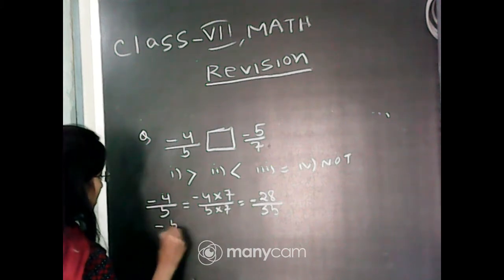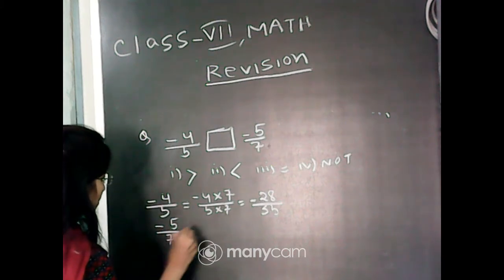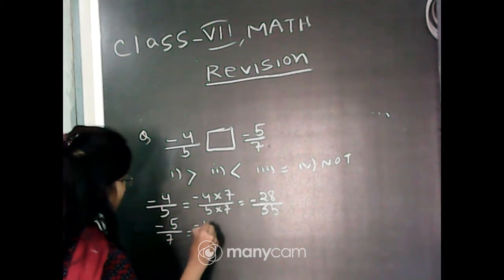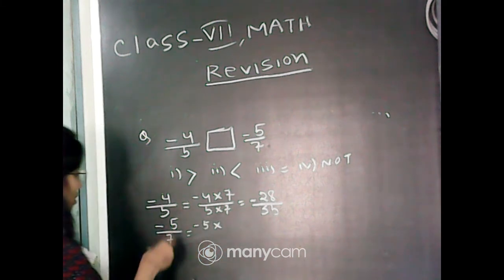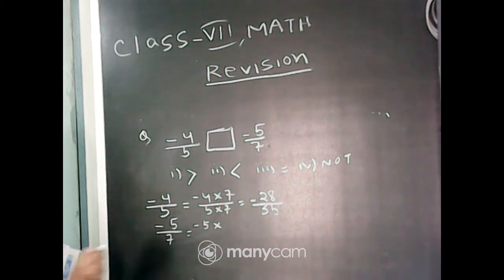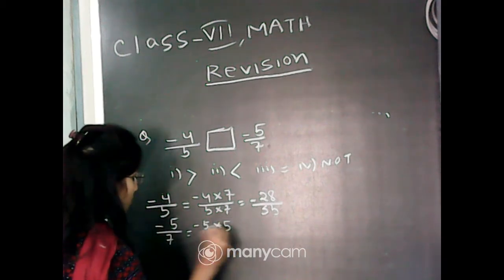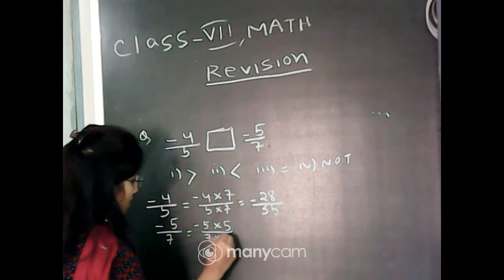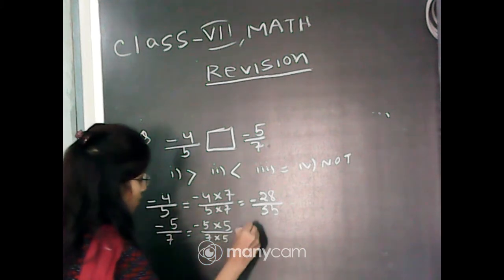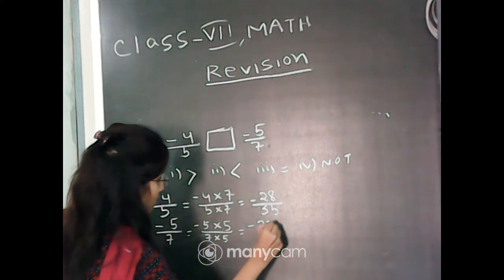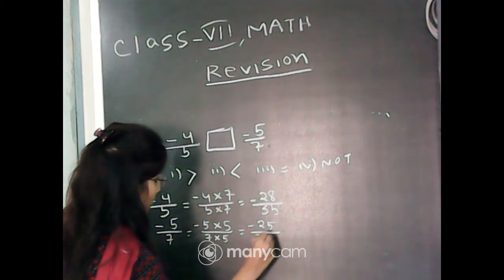Also minus 5 divided by 7 is equal to, to make the denominator 35, we multiply both the numerator and the denominator by 5, and we get minus 25 divided by 35.